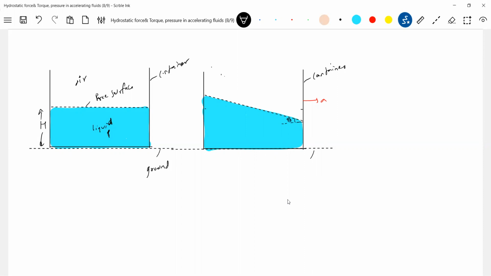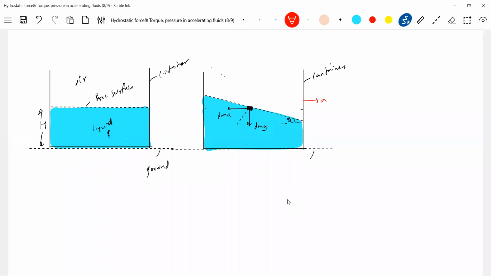Now, take a small elemental volume of the fluid. What are the forces acting? dm times a, a pseudo force, and the weight dmg. What is the property of the liquid? The net force should be normal to the free surface.